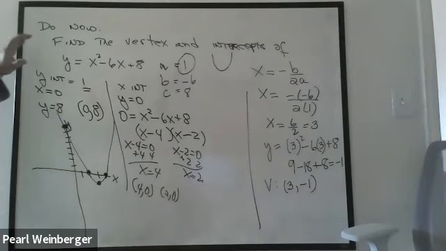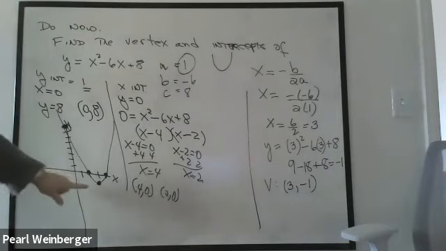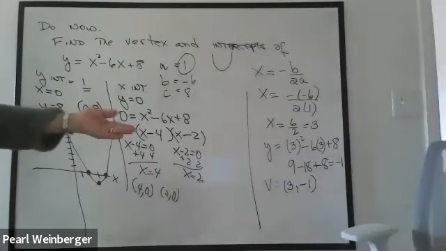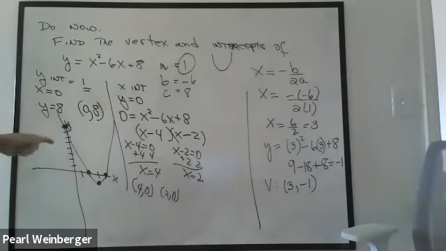In any one question on the final, they won't ask you to do all of these things. They might just ask you to draw a sketch, or they'll give you a sketch to pick out the right one. In that case, the most important thing to do is to find the vertex and decide whether the parabola opens up or down.